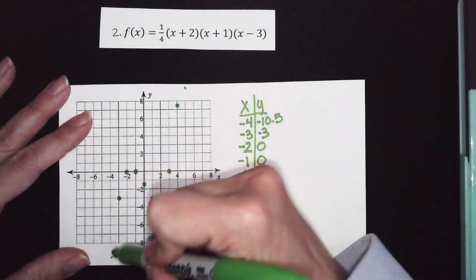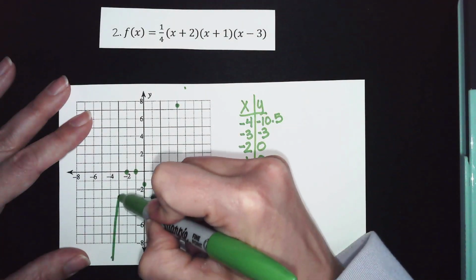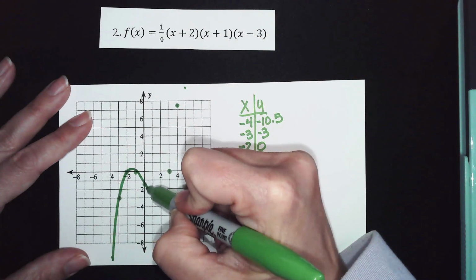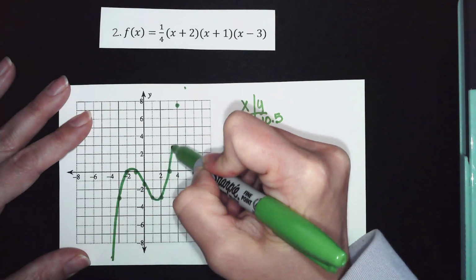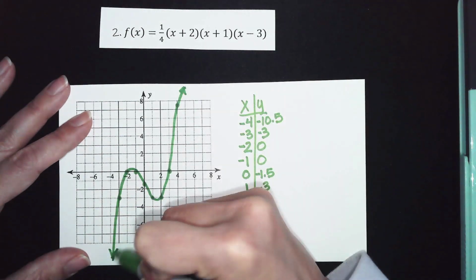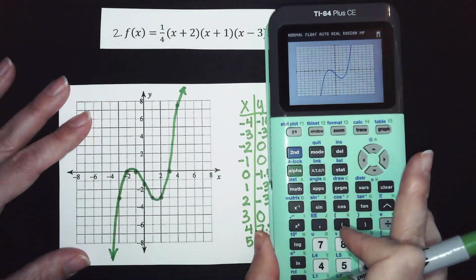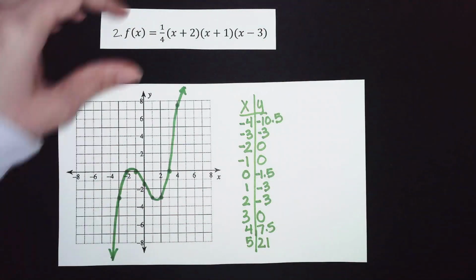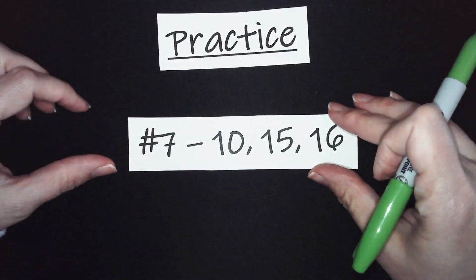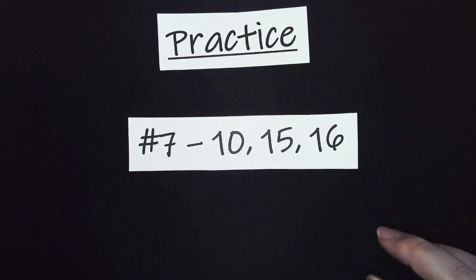Your curve could be much tighter and taller, but we know it barely curves. And I follow till I'm off the graph. And that did match, just following my points. All right, so go to your practice and do problems 7 through 10, 15, and 16.